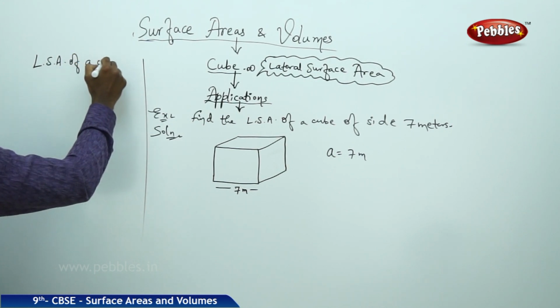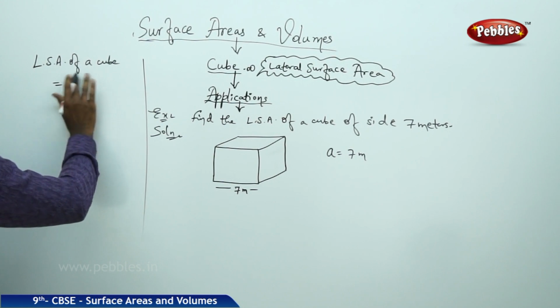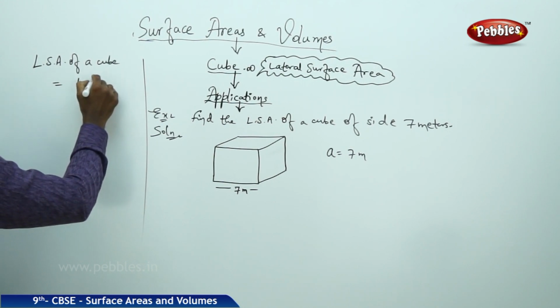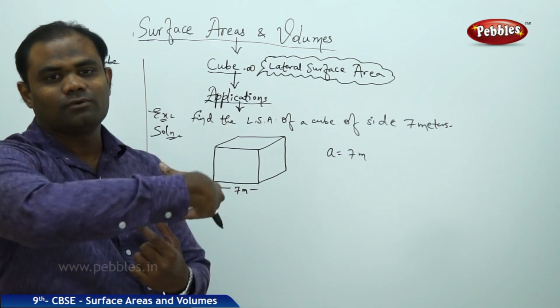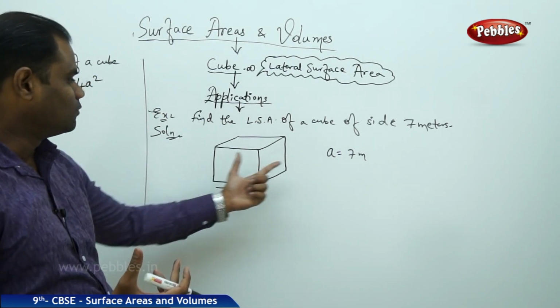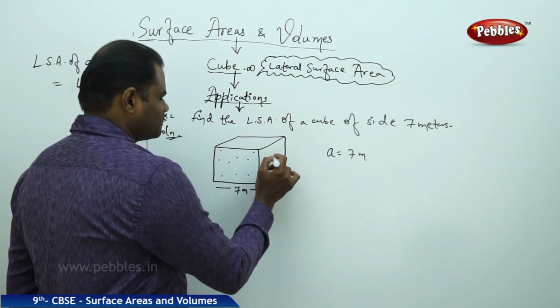Lateral surface area of a cube is 4 times a square, is what we have seen as the formula. 1, 2, 3, 4 faces or the 4 squares which are taken into consideration.